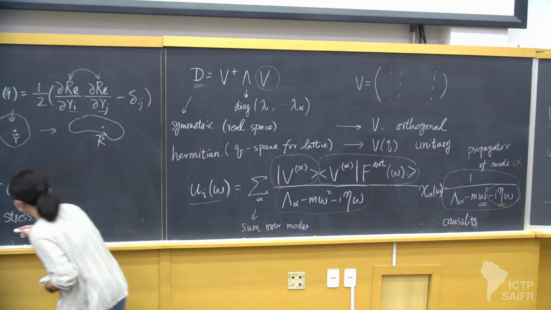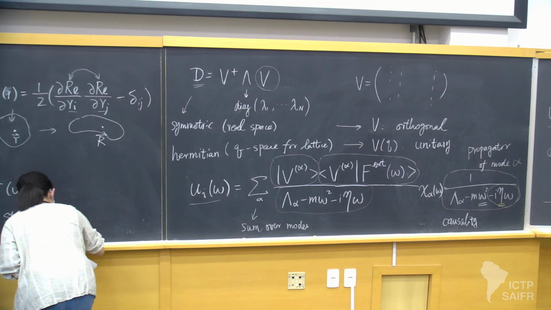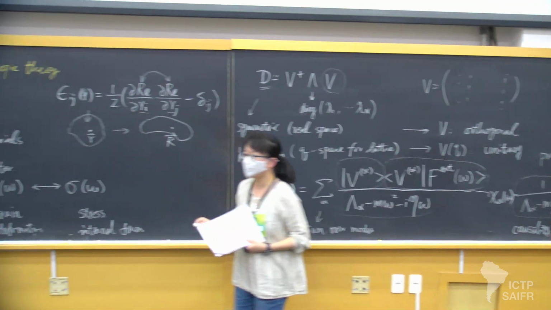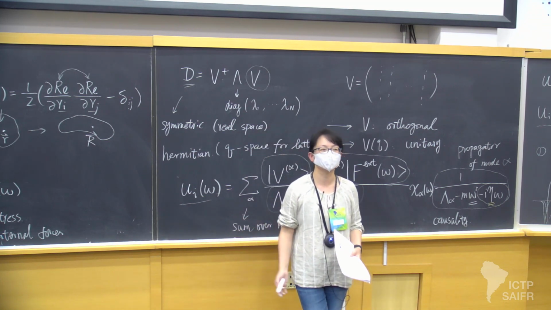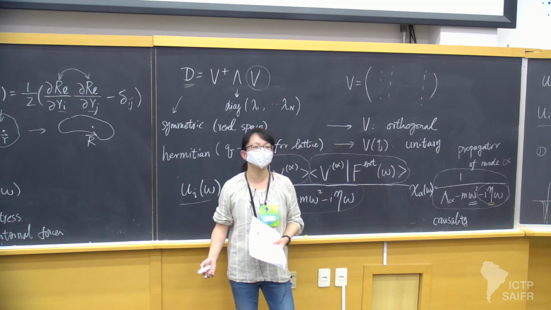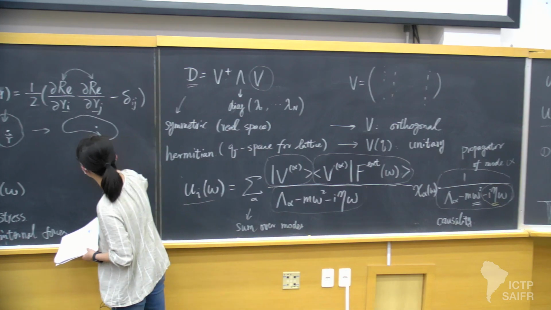And the stress describes internal forces. You probably heard that there are many different versions of stress, Cauchy stress and Kirchhoff-Piola stress, and I don't want to go into the details of the difference.